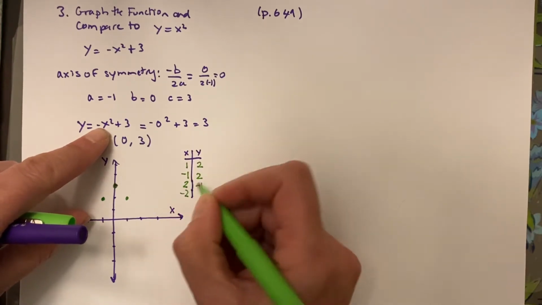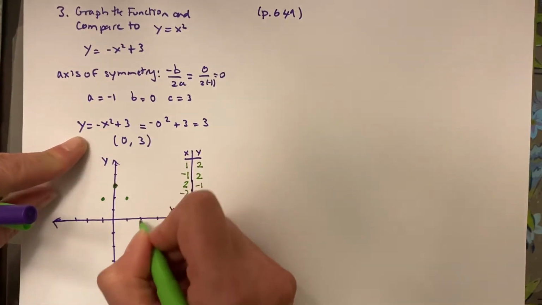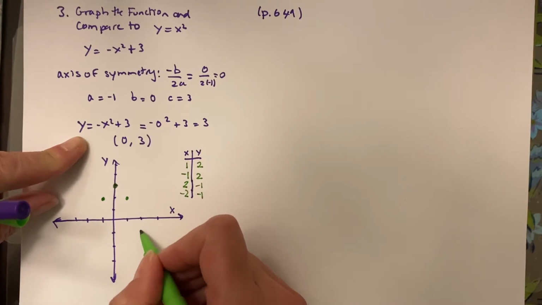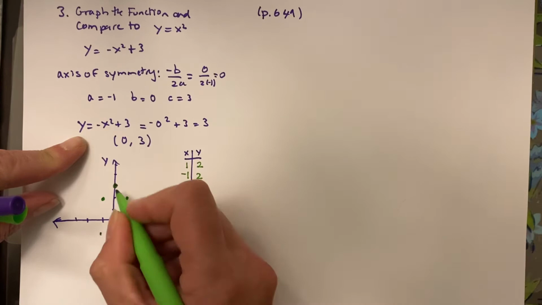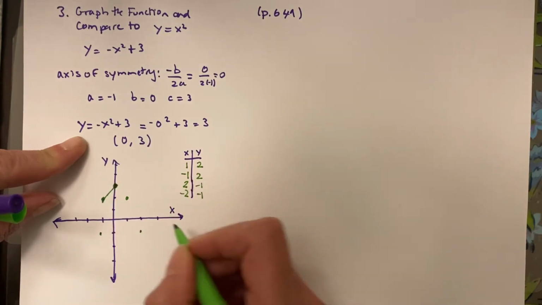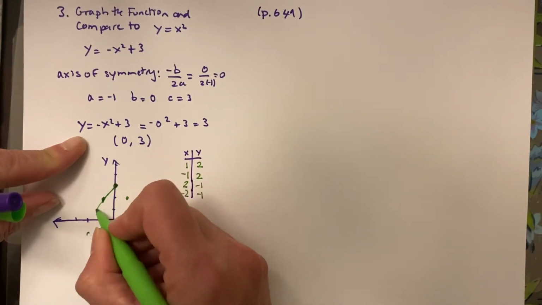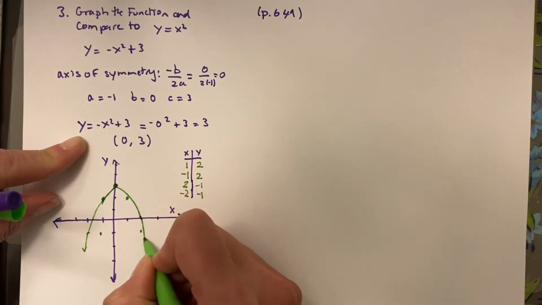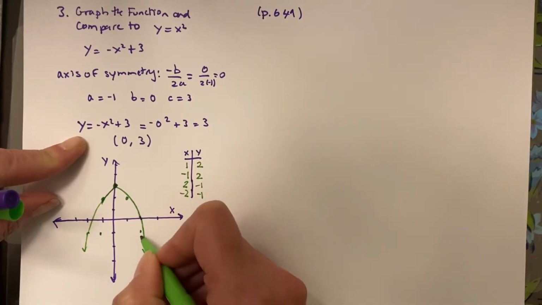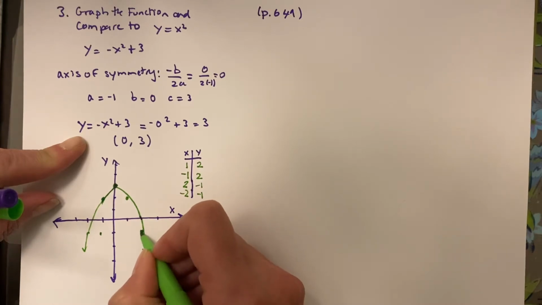If I put in -2, it'll give me the same value. So 2, -1, -2, -1, and here's my parabola. Oops, sorry, 2, -1 over here. No wonder it wasn't looking right. There we go.